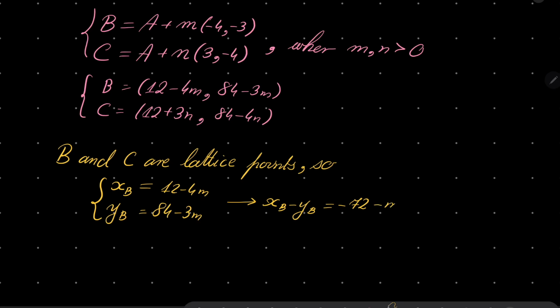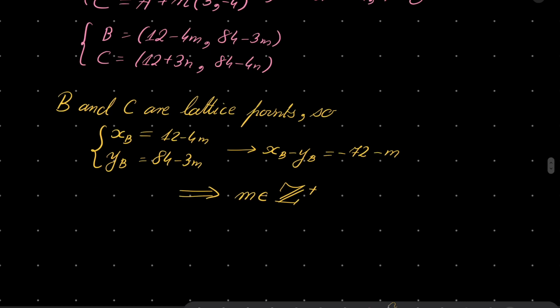So it's minus m, which says that our number m should be a positive integer. It must be a positive integer. It's not just some positive real number. It's a positive integer. And the other way around, if m is a positive integer, then B is a lattice point.